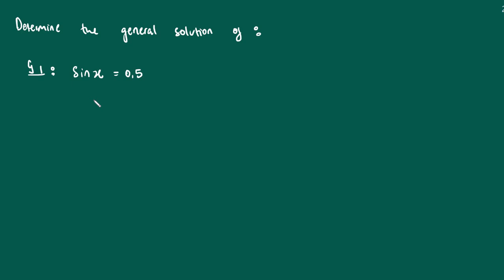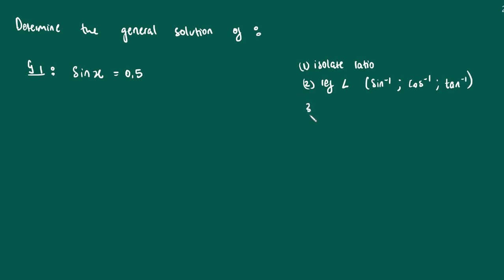Whenever you have a ratio equal to a number, just as in this case, the procedure is as follows. Number 1, you make sure that you isolate the ratio. Then number 2, you find the reference angle by using arc sine, some people call it inverse sine, arc cos, and arc tan.